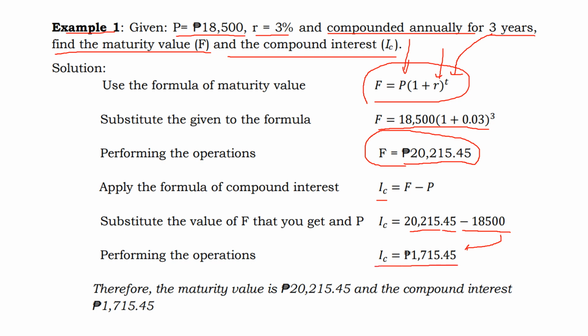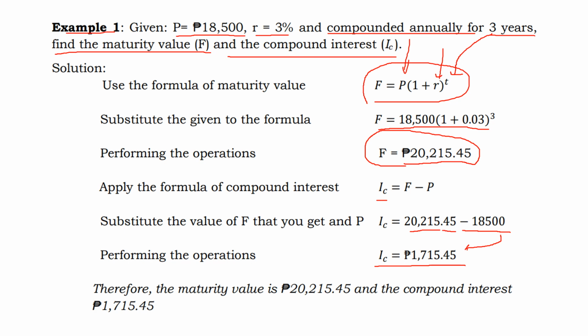And this will be the compound interest, meaning to say, dealing with 18,500 as your principal with the rate of interest which is 3%, that is compounded annually for 3 years, the money will earn 1,715 pesos and 45 centavos.